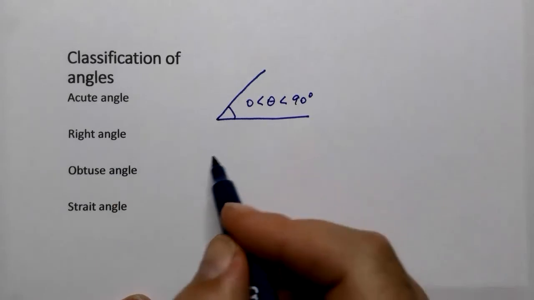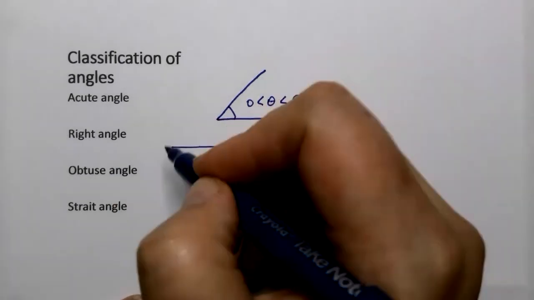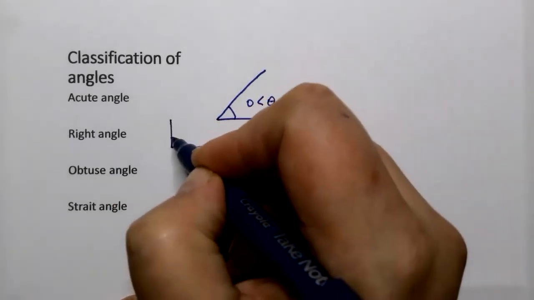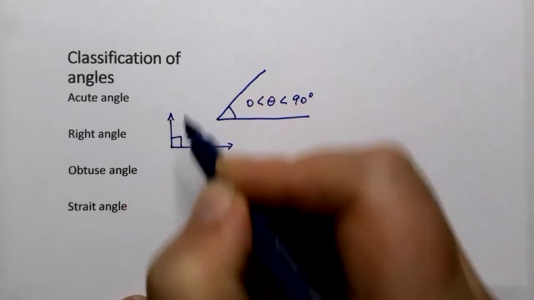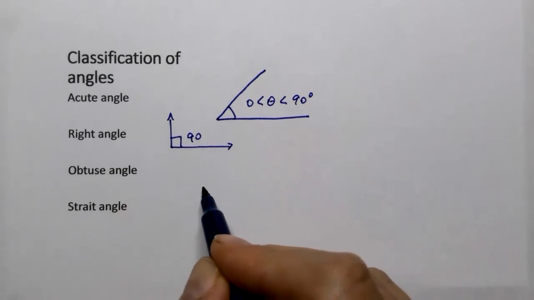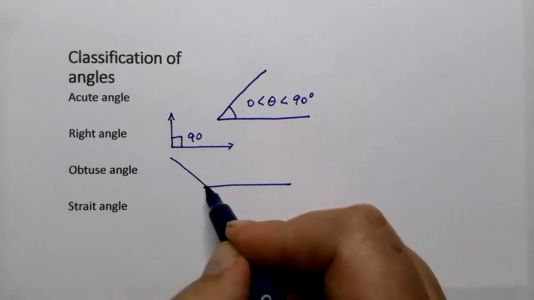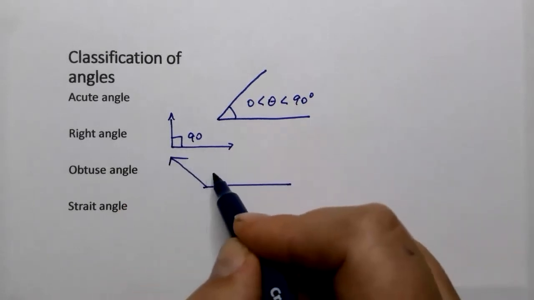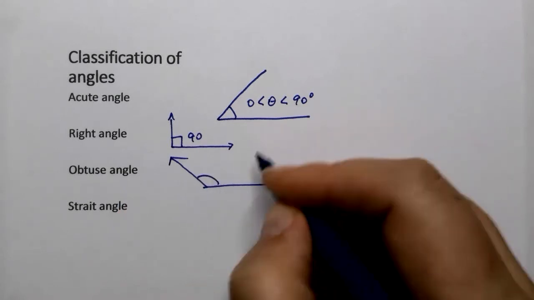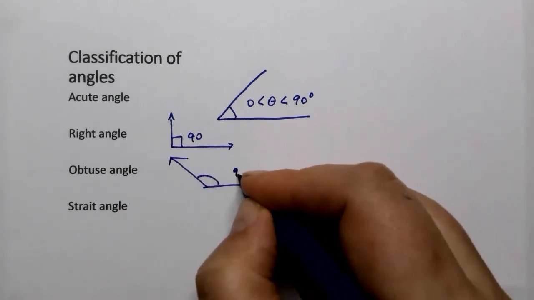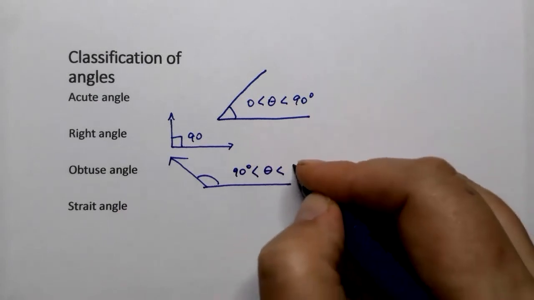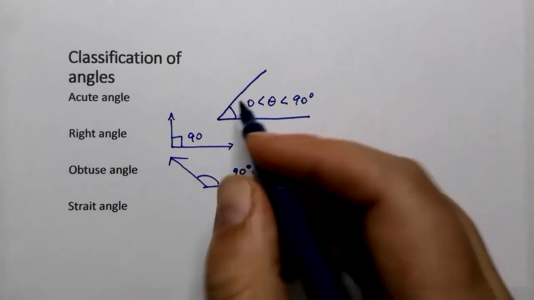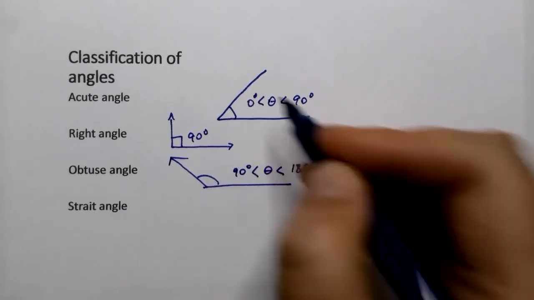A right angle is the angle that has the measure of exactly 90 degrees. An obtuse angle is the angle whose measure is greater than 90, so it's going to be between 90 and 180. That's an obtuse angle.